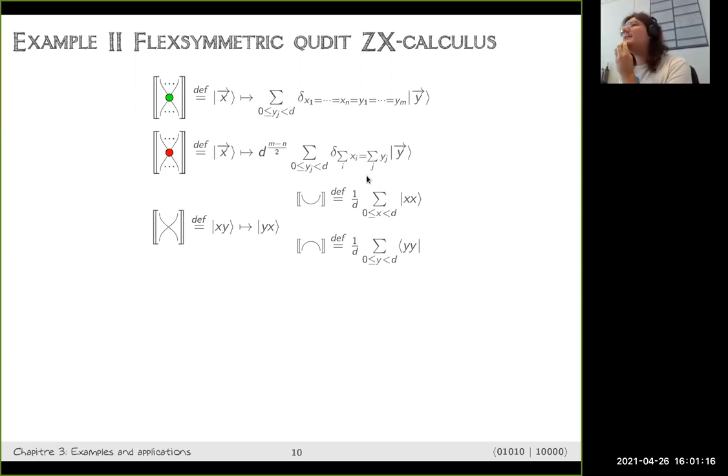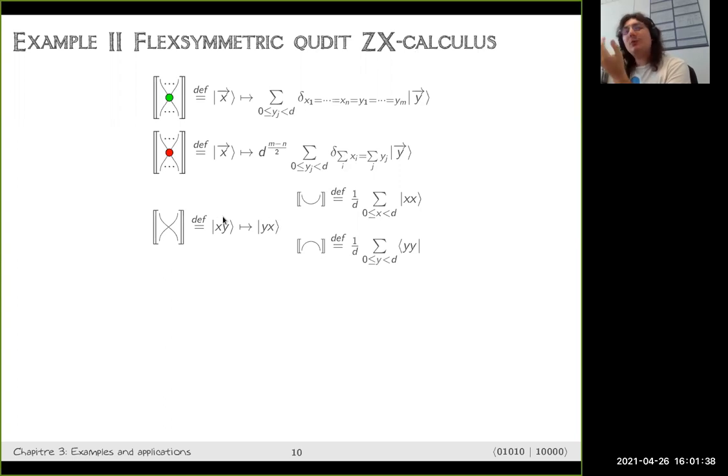And in ZX, you don't care about it. Why? Because we are modulo 2, and in characteristic 2, -1 is equal to 1. So this is why ZX is by accident FLEXSYMMETRIC natively. But qudits ZX-calculus is not. Now you need to take into account this minus.